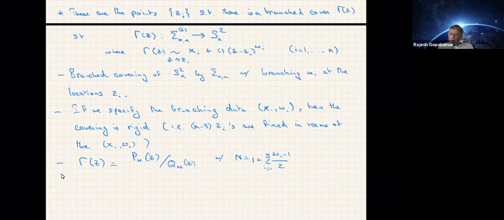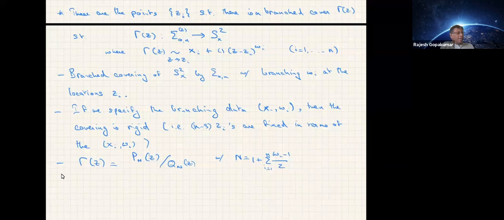So this gamma of z is fixed to be some ratio of polynomials, with the degree of the polynomials being fixed in terms of the w_i. And this is the underlying reason why it's very rigid.